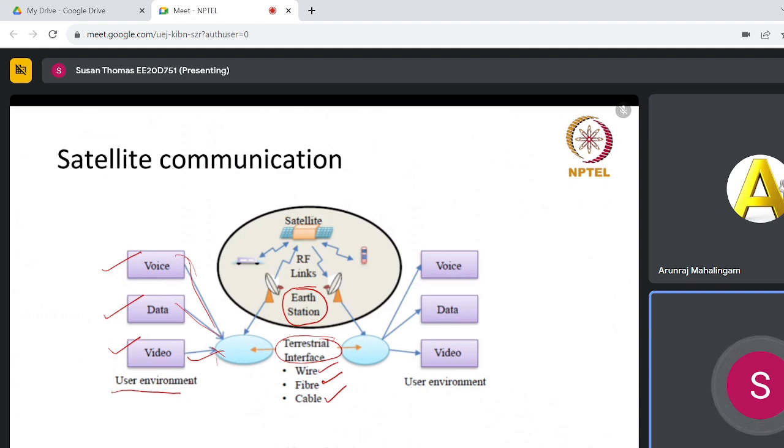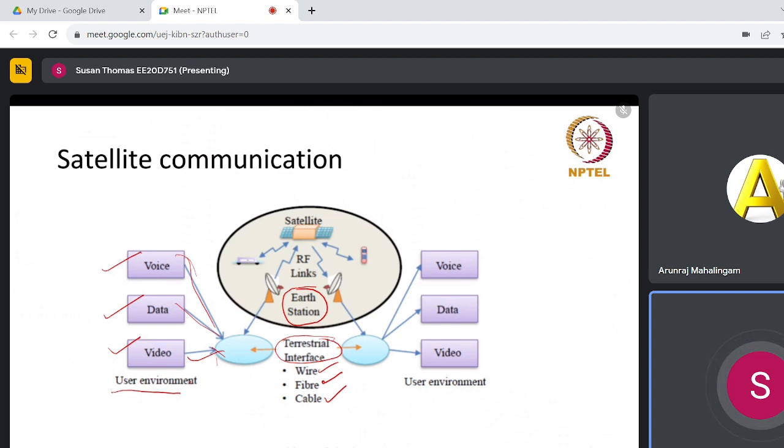This earth station will be sending the signals to the satellite. The earth station will generally have parabolic antennas with very high gain to transmit the signal over such large distances, thousands of kilometers away from the earth, to a satellite.